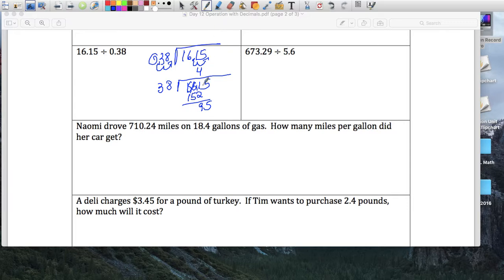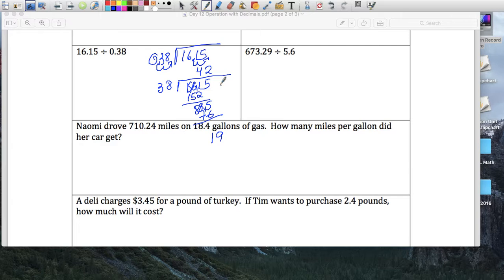Yikes. 38 goes to 95 2 times, which is 76. Subtract 8, 150 minus 6 is 9. 8 minus 7 is 1.